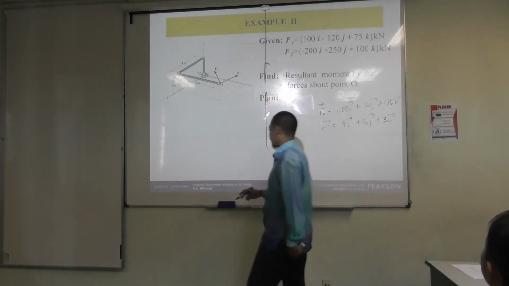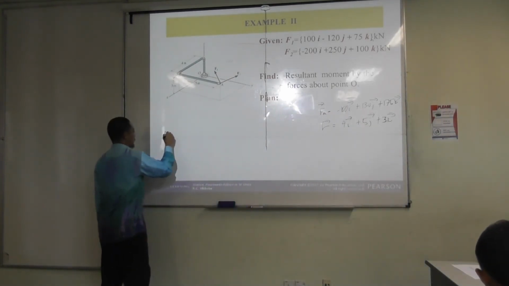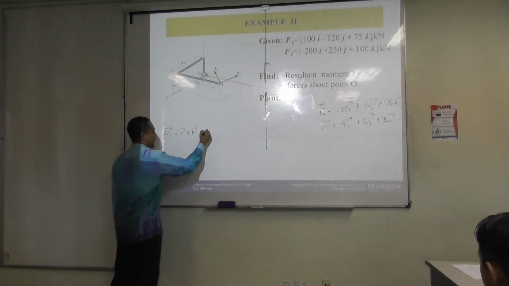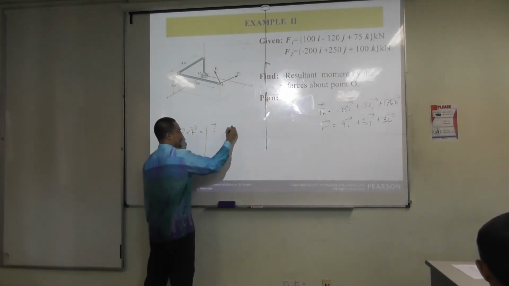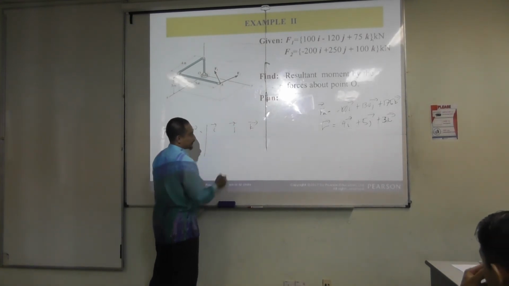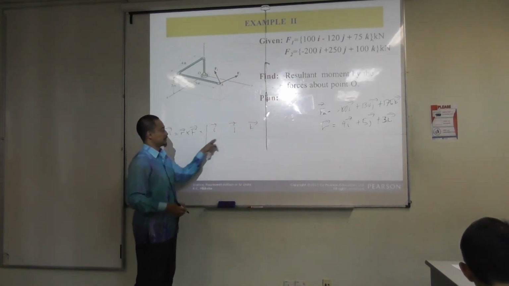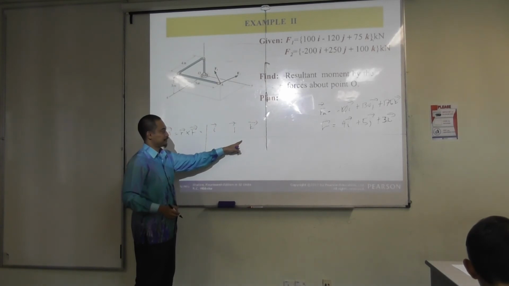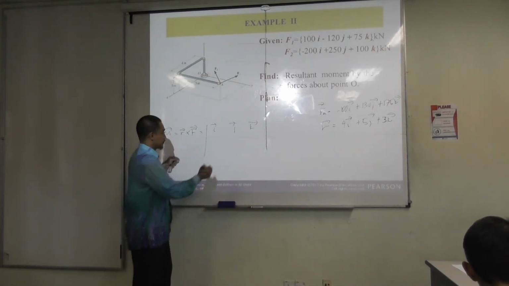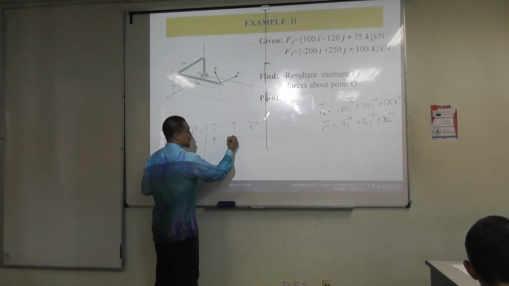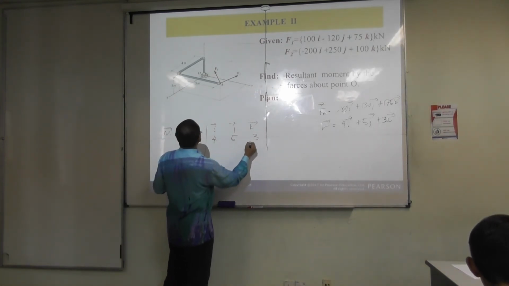You just apply M equals R cross F, then you apply the matrix I, J, K, and then what's the second row? Which one? It should be R, right? So 4, 5, 3, is it all positive? Positive, right?